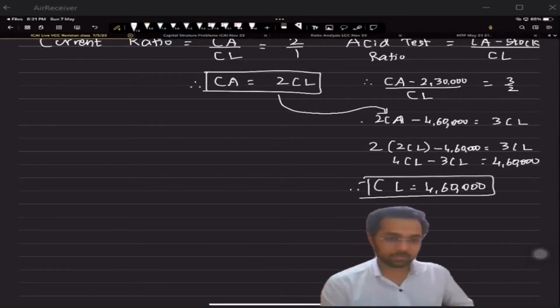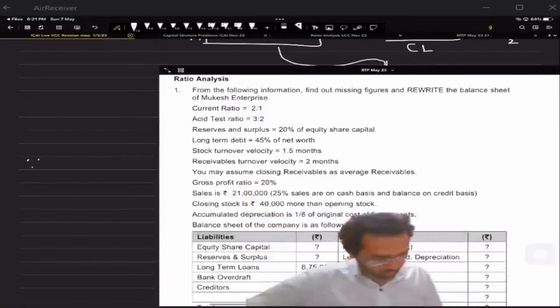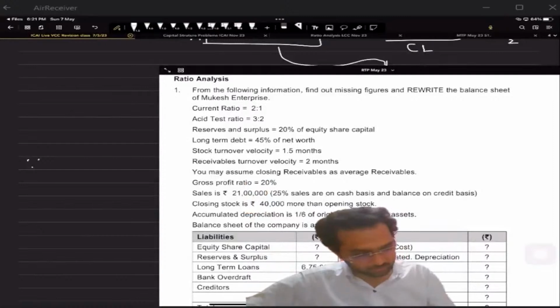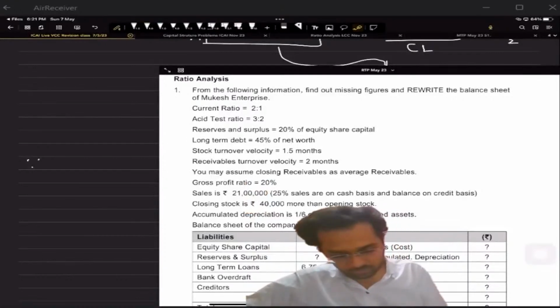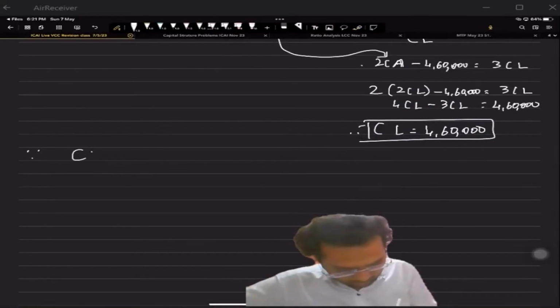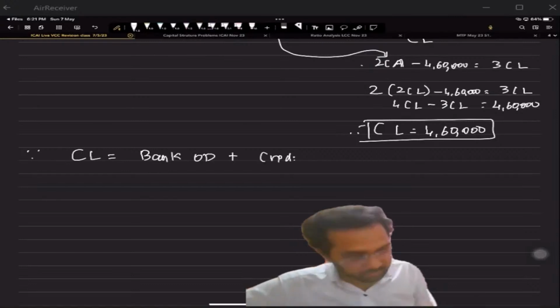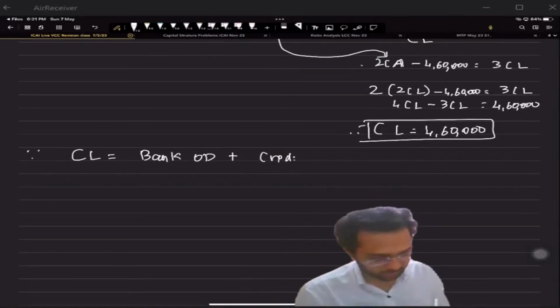4,60,000, right? But since we are having already a bank overdraft value of 60,000, we can say current liability is bank OD plus creditors.